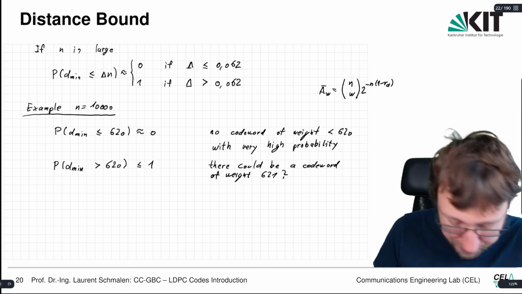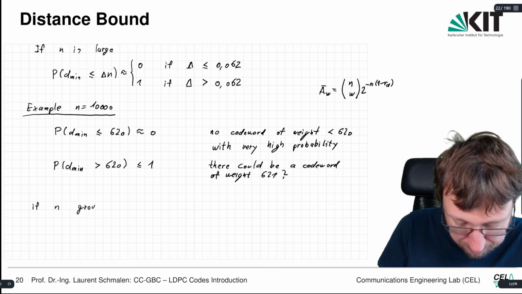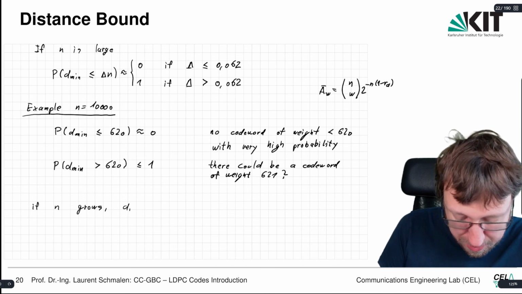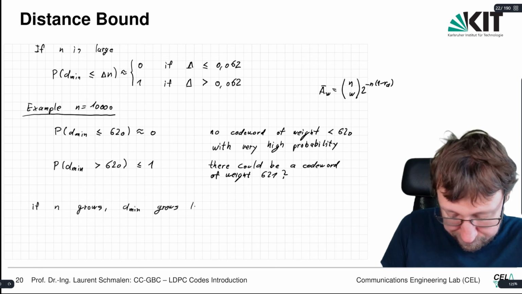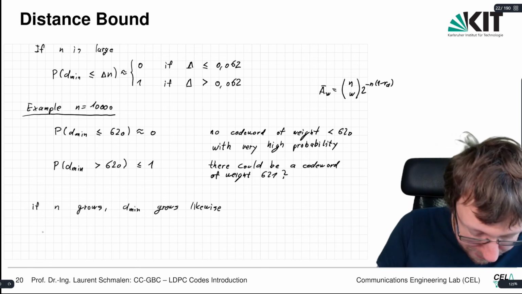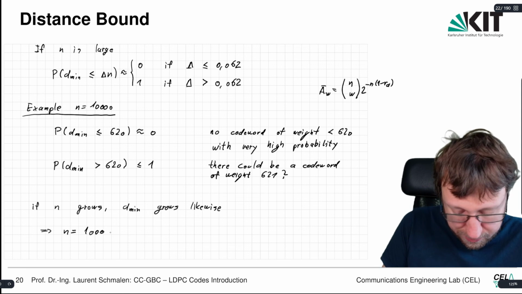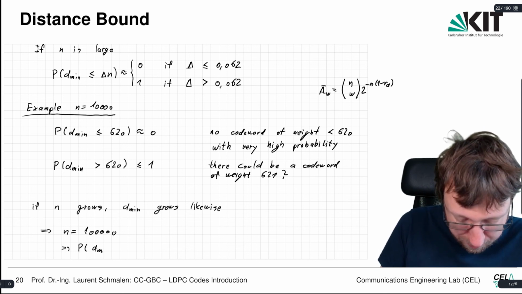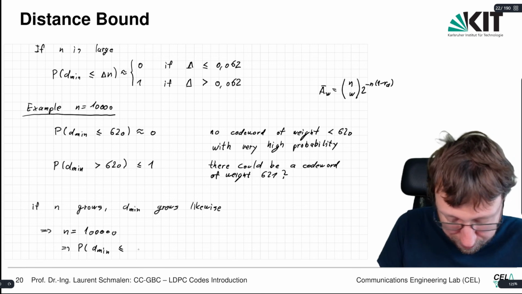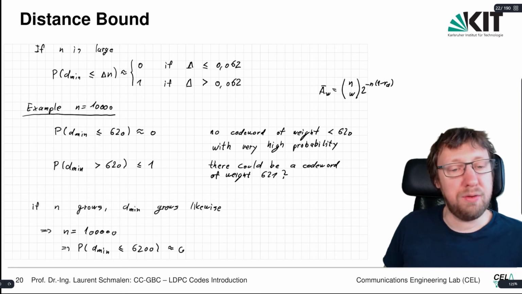What we also have is that if n grows, then the minimum distance grows likewise. So for instance, if n is equal to, say, 100,000, that means that the probability that the minimum distance is smaller or equal than 6,200 is approximately equal to 0.